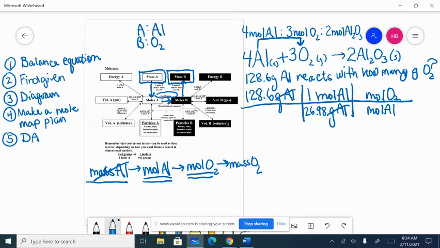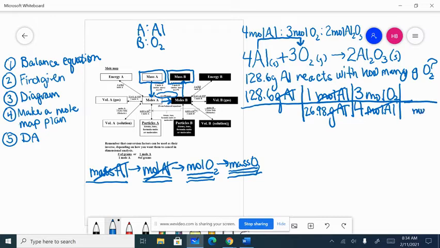The coefficient for oxygen is 3. The coefficient for aluminum is 4. This lets me cancel out moles of aluminum. I'm now in moles of oxygen. So the next step is I can change moles of oxygen to mass of oxygen.